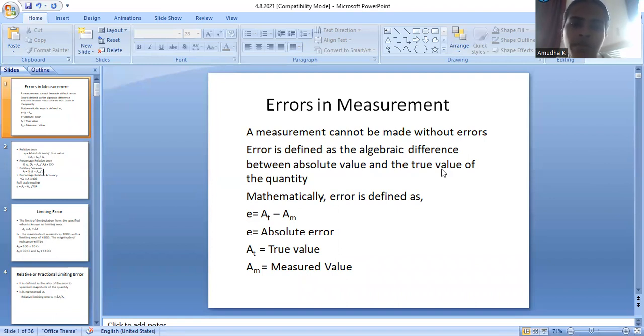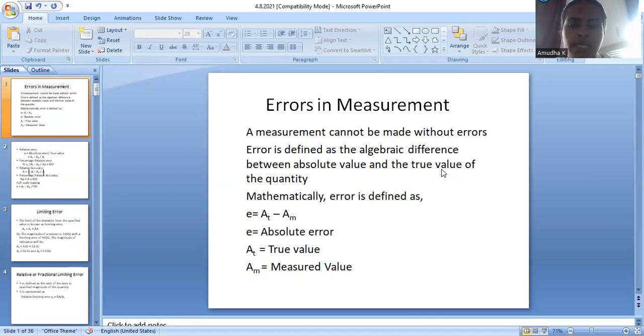A measurement cannot be made without errors. Error is defined as the algebraic difference between the absolute value and the true value of the quantity. The difference is named as error.